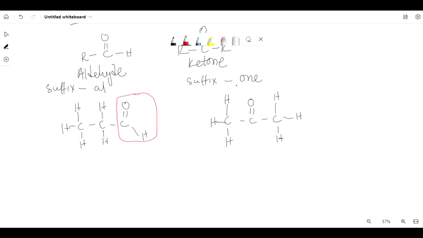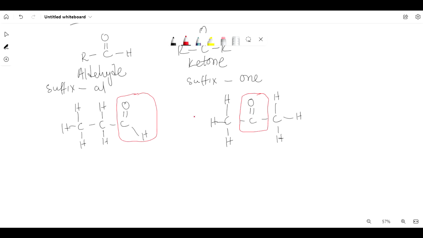For a ketone, it will always be in the middle, not center. Let's say maybe you have 5 carbons, and then it'll always be on carbon number 3. That's not what I'm saying. I'm saying the carbonyl group of the ketone must have 2 carbons all the time, 2 carbons on the left and on the right.